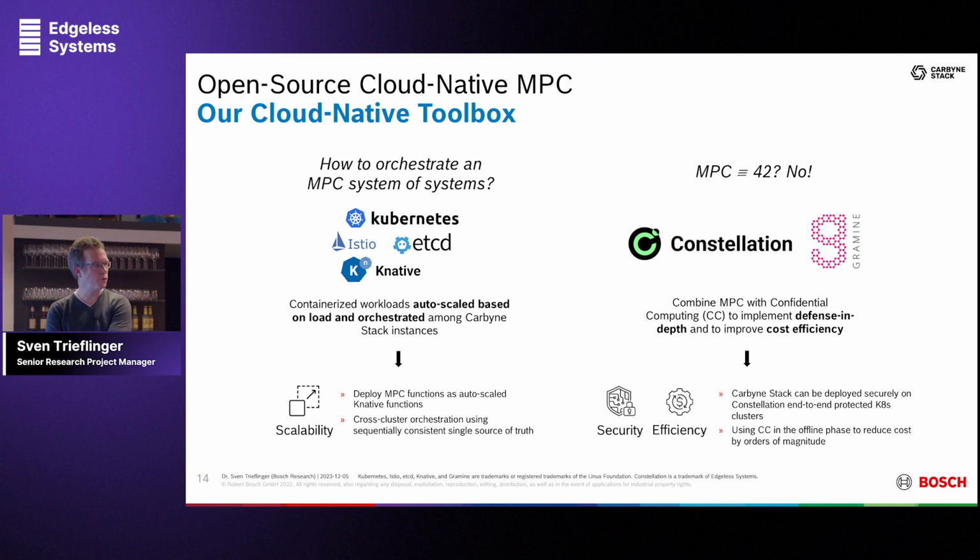Another way that we use confidential computing is for improving efficiency. You have seen this fancy slide about a multiplication, and this is preparing what is required to do this multiplication. It's super expensive, and we came up recently with approaches that allow you to bring down this effort significantly, so that by combining these processes with confidential computing, you can bring down the costs by orders of magnitude, which is quite nice.